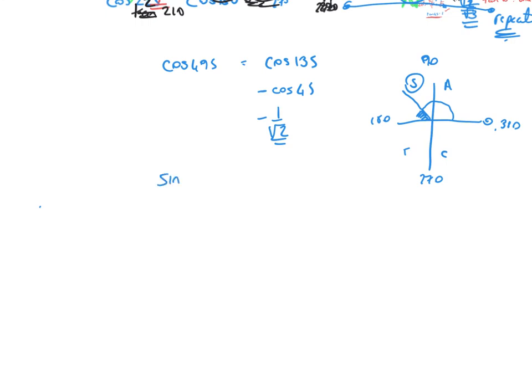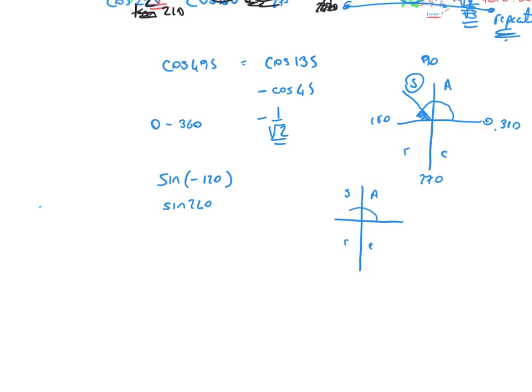Let's this time go for sine minus 120. I want to get between 0 and 360, so add 360 on, that will bring me to sine 240. I'm within range, now I can get the CAST diagram down.